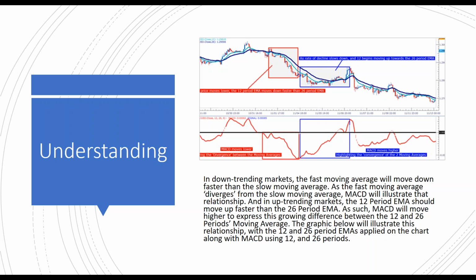The graphic will illustrate this relationship with the 12 and the 26 EMAs applied on the chart with the MACD using the 12 and 26 periods. So all that these are, on the top, these are not your MACD signal lines. These are just simple moving average lines. We are not looking at the crossovers of these moving average lines.